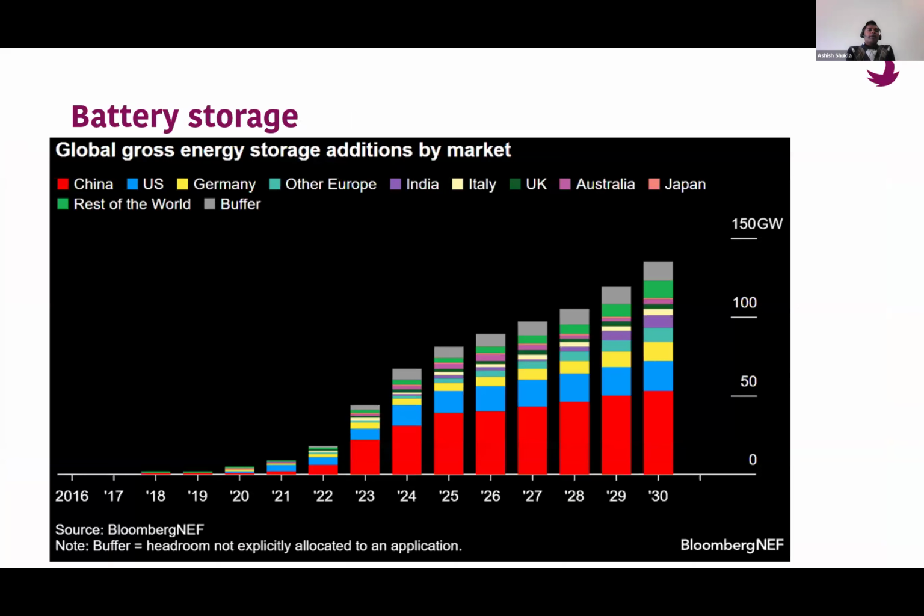Now coming to the battery storage and other energy storage things, which I talked about previously. You can see battery storage. This market is also increasing quite a lot, in order to manage the variability of power.